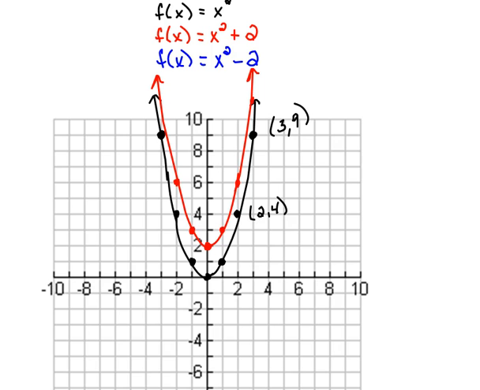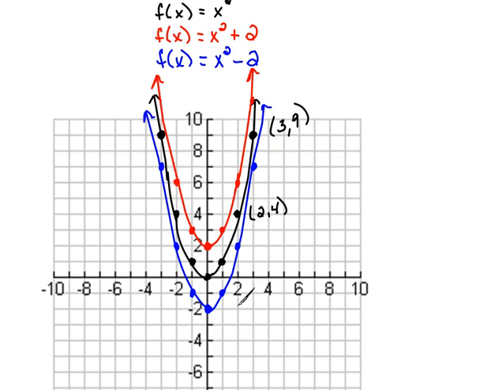So I would expect to take my x squared function and drop each point down by 2 units. Each one of those points is down 2 units. So this is what the graph of f of x equals x squared minus 2 would look like.